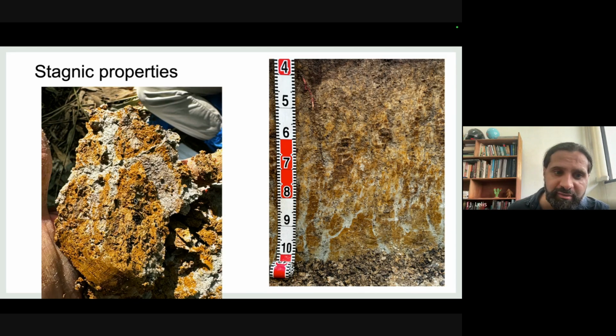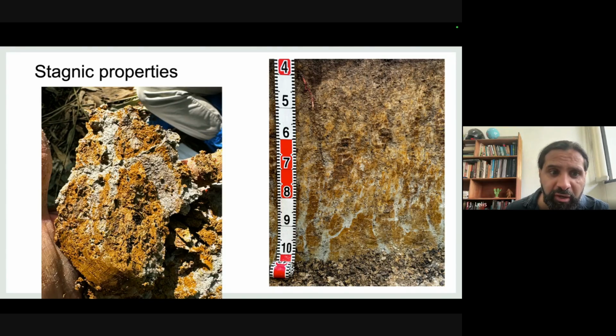Inside the aggregates, you still have hematite, goethite, and also other iron 3 minerals.